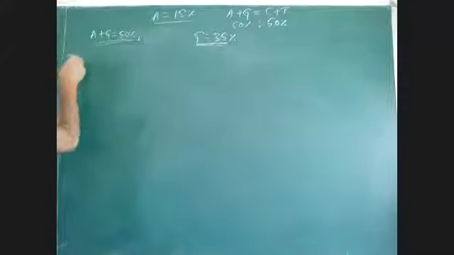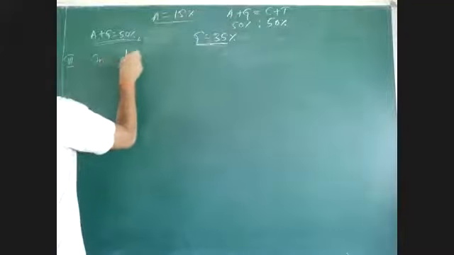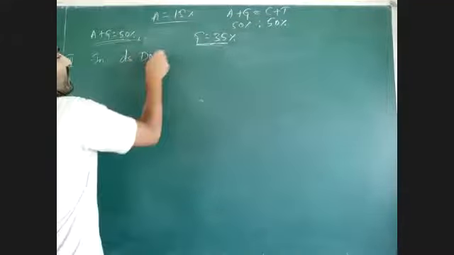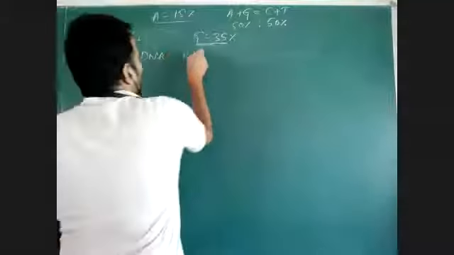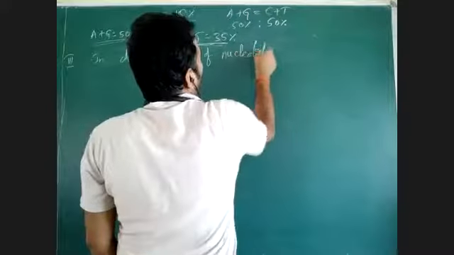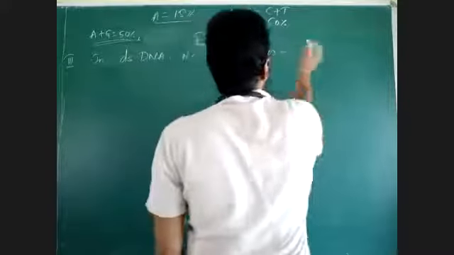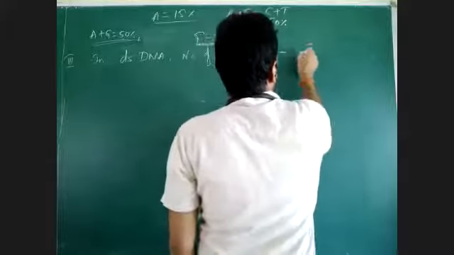Third model, model number 3. In a double-stranded DNA, the number of nucleotides is equal to, suppose, 300.